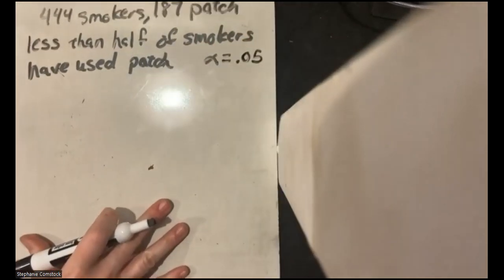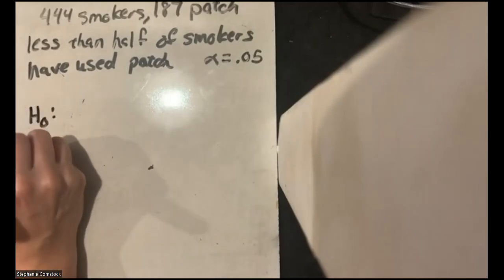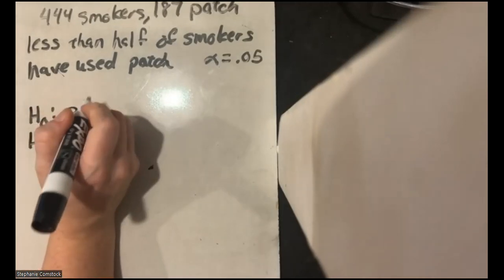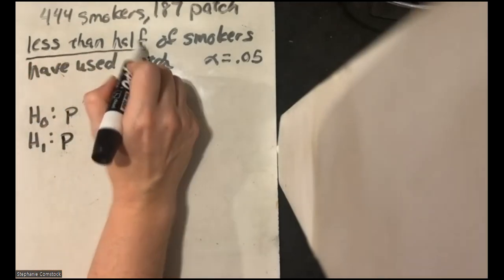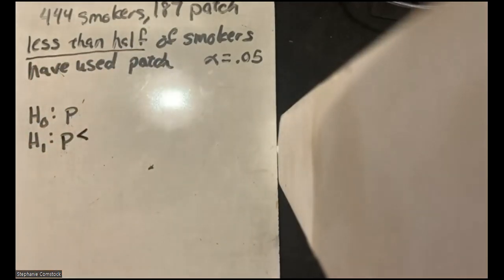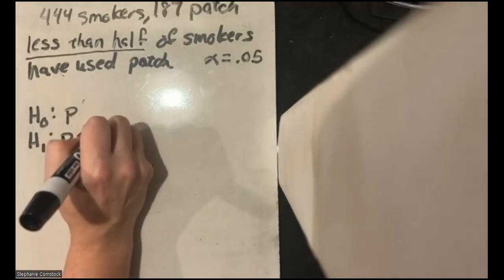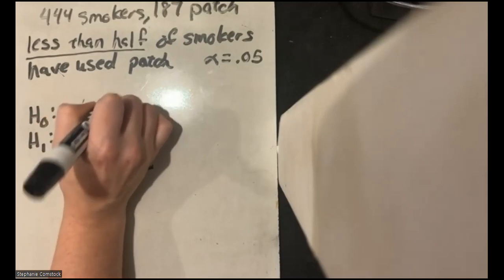First thing we're going to do is set up our null and our alternative. Based on the verbiage here, it is less than half. Since they're saying strictly less, that is automatically the alternative hypothesis. The null value is 0.50, so this is going to be 0.50 up here.